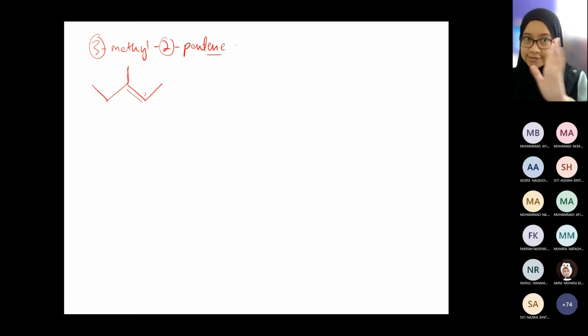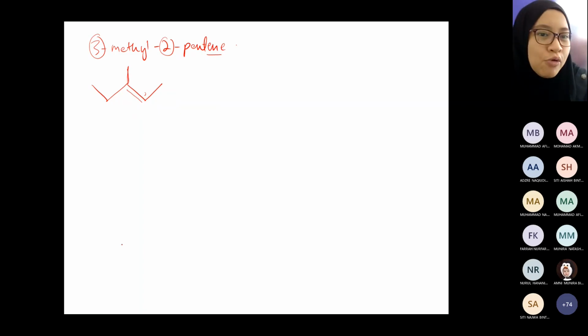Okay, so kita check lah saja nak bagi prediction awal. Sebab we know that it will react with HBr, Br will be added. So there are 2 probability because, kita identify this carbon here is secondary and this carbon here is tertiary.